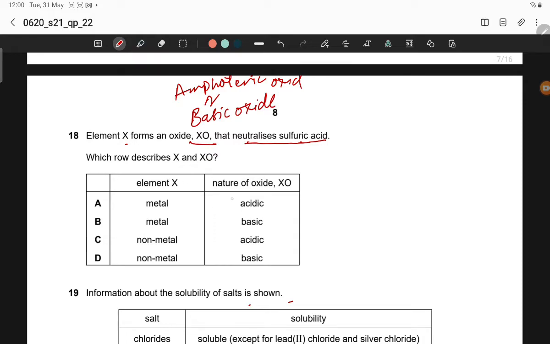Which two describes X and XO? X should be metal, and oxide is not amphoteric. There is no amphoteric given, so it must be basic, and metal forms basic oxide, so B is correct option.